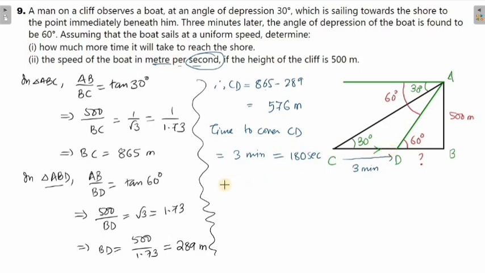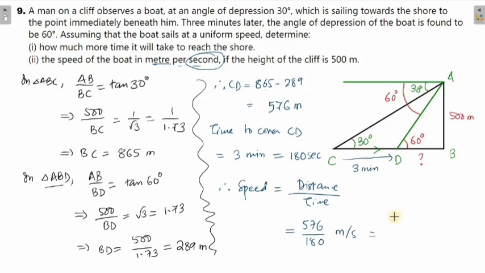So speed, as all of you know, is distance by time, isn't it? So what is distance? Distance is 576 by time. Time is given to be 180. This is in meters per second. So when you simplify, 576 divided by 180 is equal to 3.2.